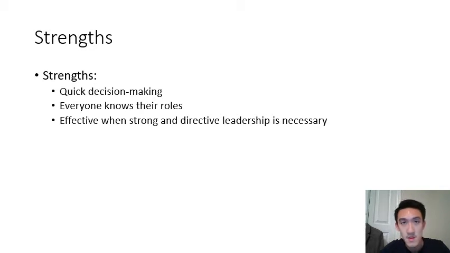So examples such as surgery, when surgeons are performing the surgical timeout or safety pauses, the authoritarian leadership style kind of plays into this role because it makes sure that all the roles are being outlined and making sure everyone knows the role going into the procedure.